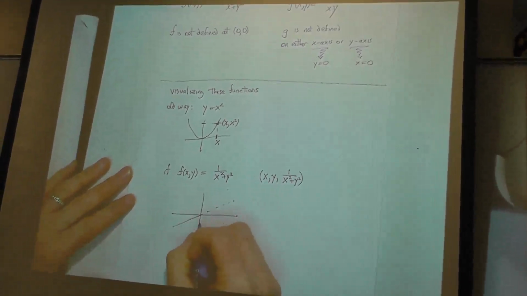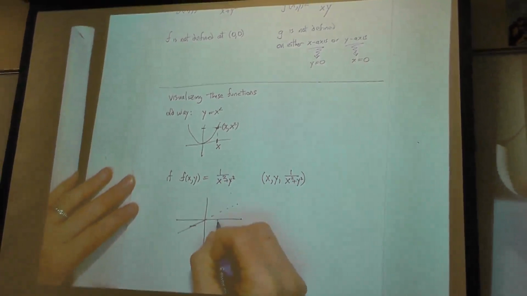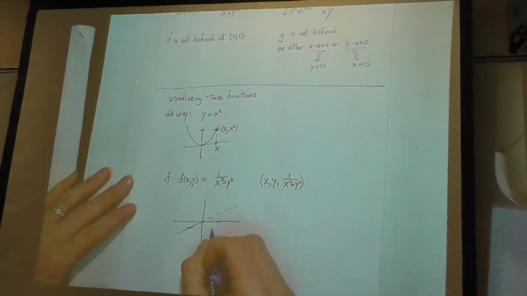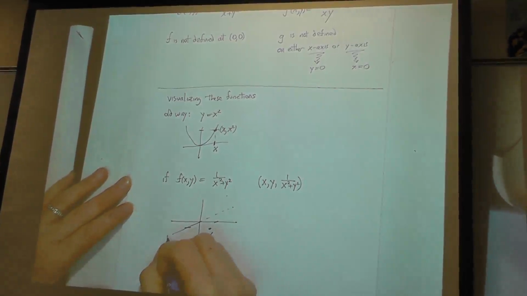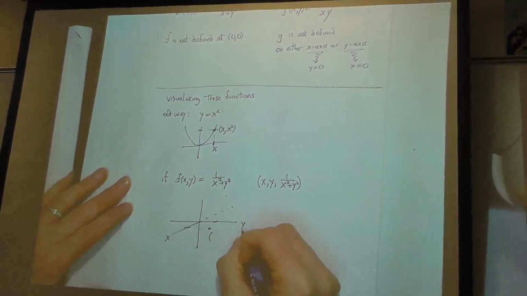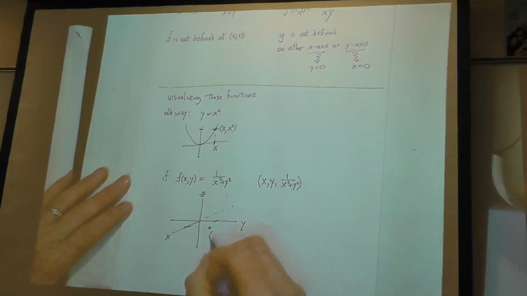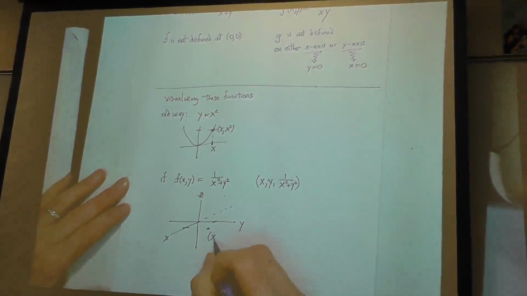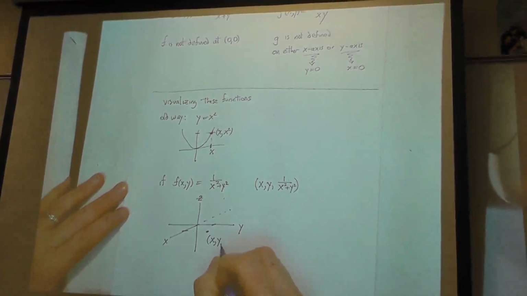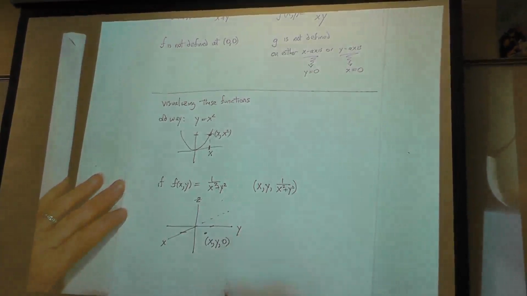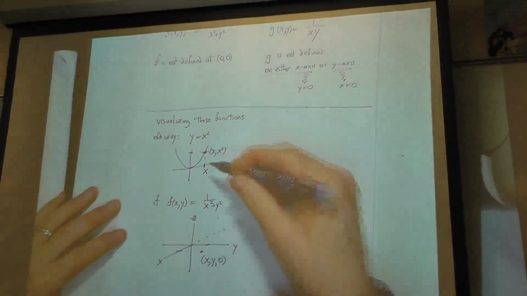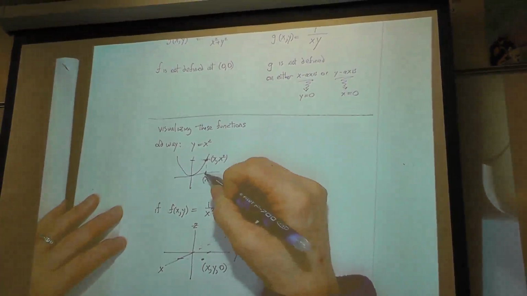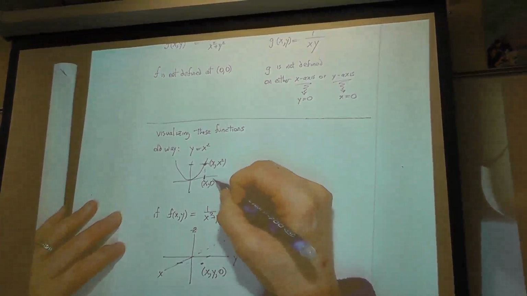I will observe that I have a point down here in the xy plane. So this point would have coordinates x, y, 0. And that's playing the counterpart of this point, which is x, 0.